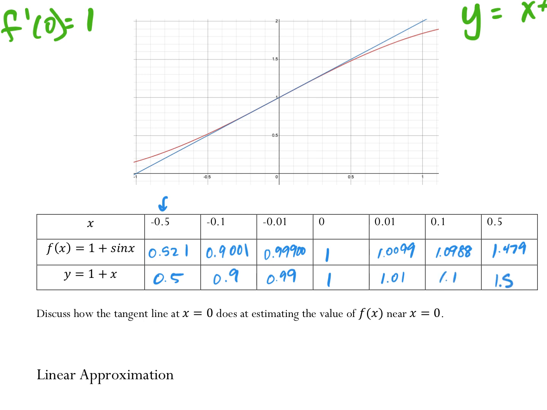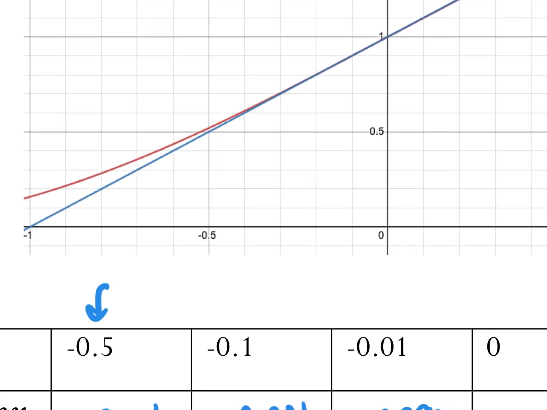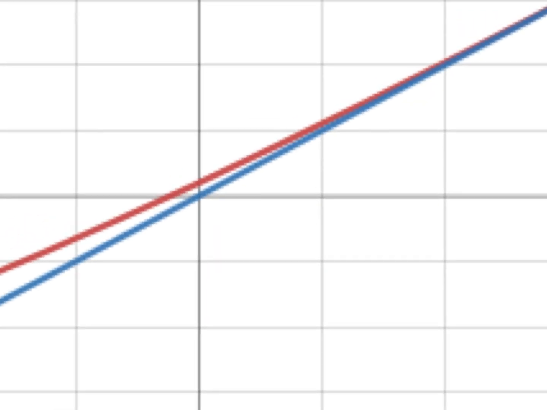Okay, and so as we look at, say, x equals negative 0.5, the tangent line isn't a terrible estimator. In fact, we see that the difference is approximately 0.021. To envision that, that means this distance right here at x equals negative 0.5 is 0.021.